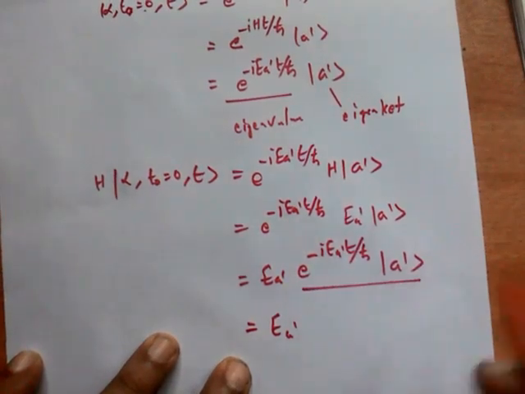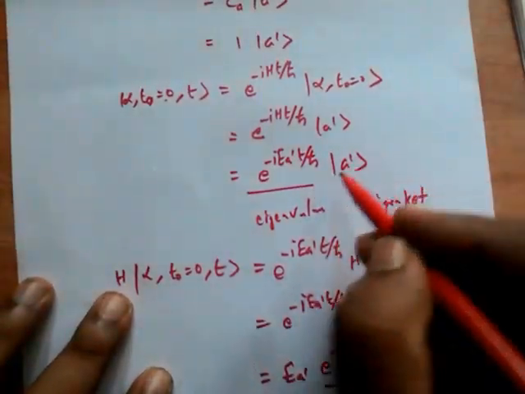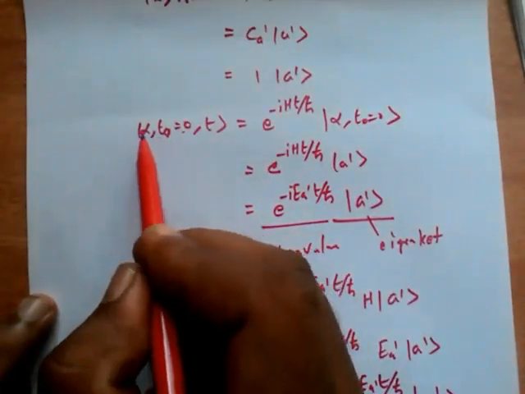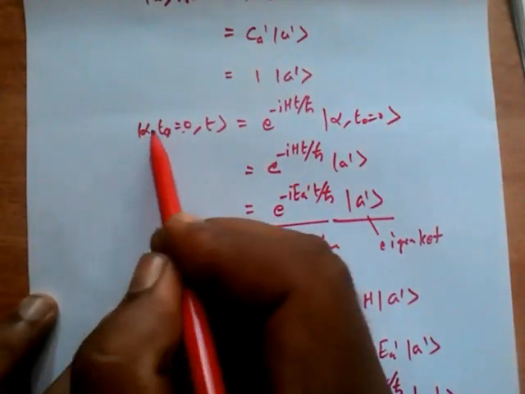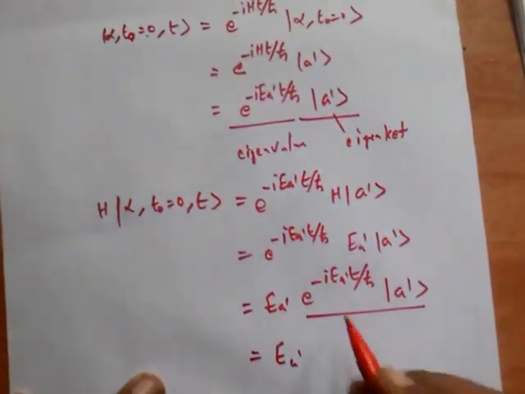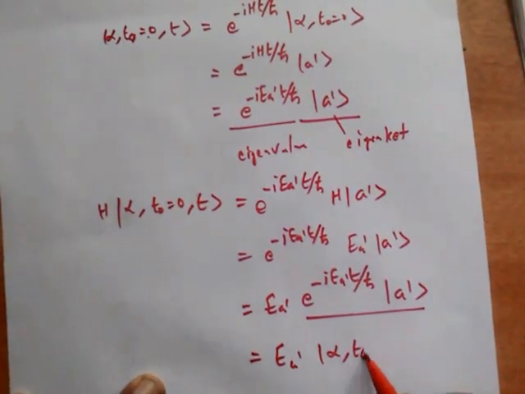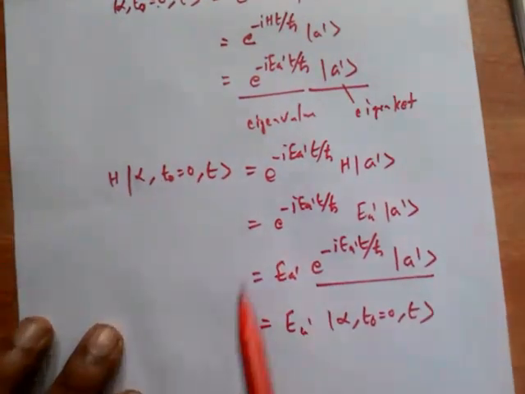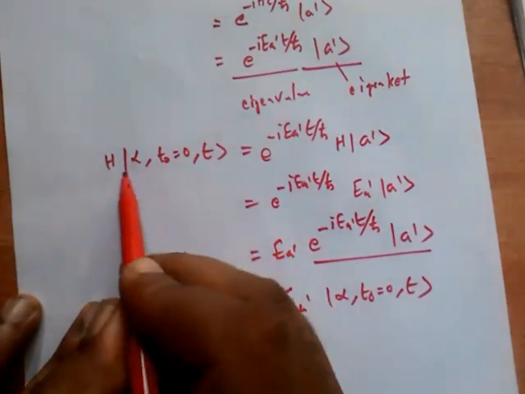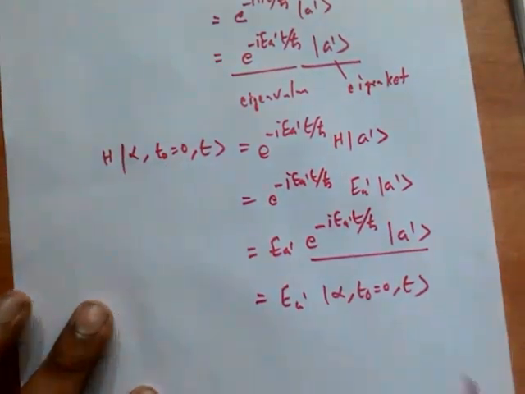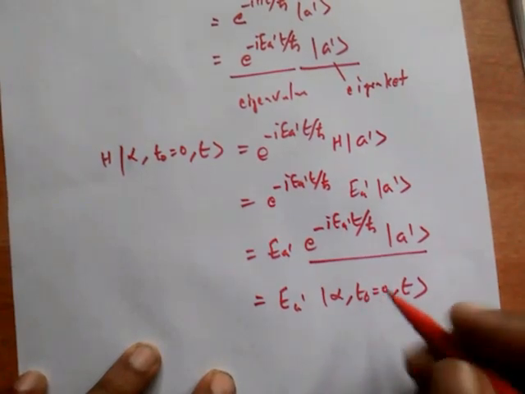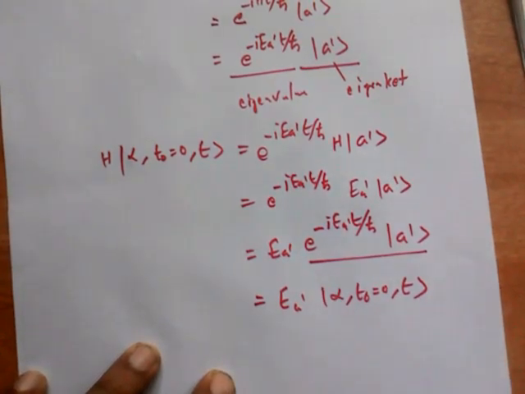what is this one? This we have reached in this equation as the state alpha at time t. So that is equal to alpha at t_0 equal to 0, t. Okay, that means if we are operating H on this one, we will get the same eigenvalue E_a' with this state ket.